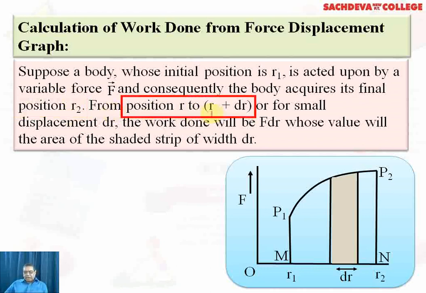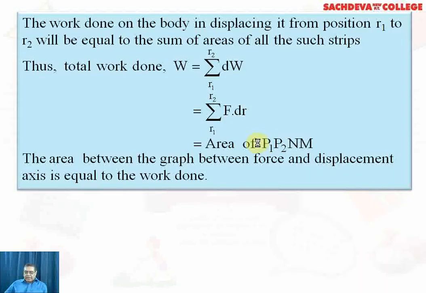From position r to r plus dr, dr is a small element of displacement. The work done will be F dr, whose value will be the area of the shaded strip of width dr. So the shaded region area has to be calculated in order to find the work done.